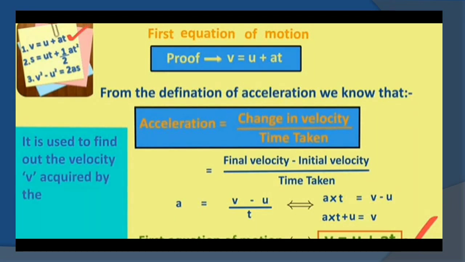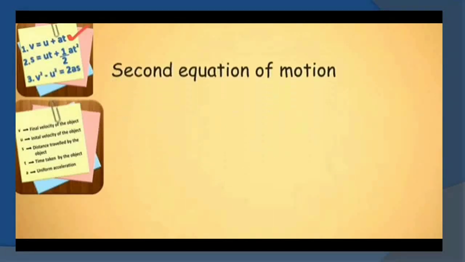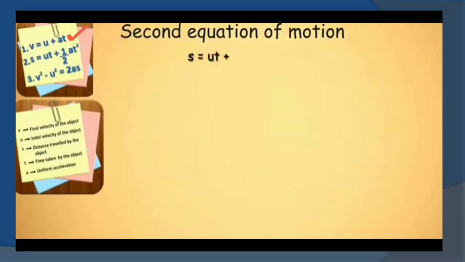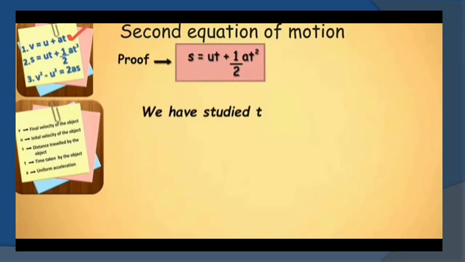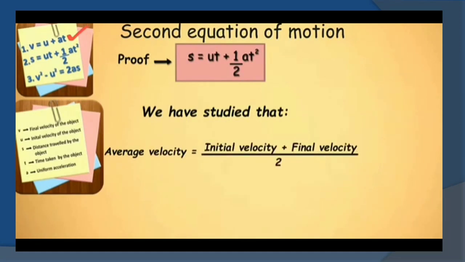It is used to find out the velocity v acquired by the body in time t moving with the acceleration a. Now the second equation of motion, s is equal to ut plus half at square. What we have to do to prove this? We have studied that average velocity is the initial velocity plus final velocity upon 2.